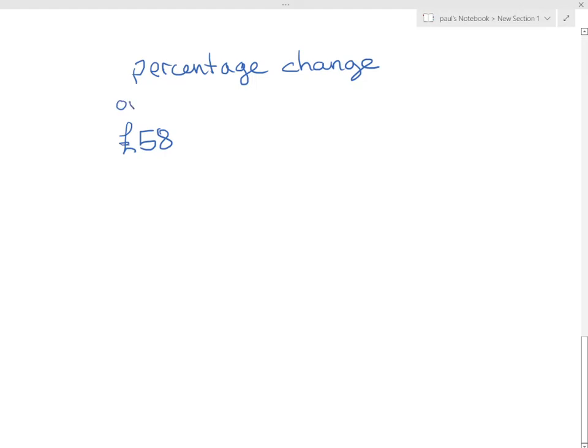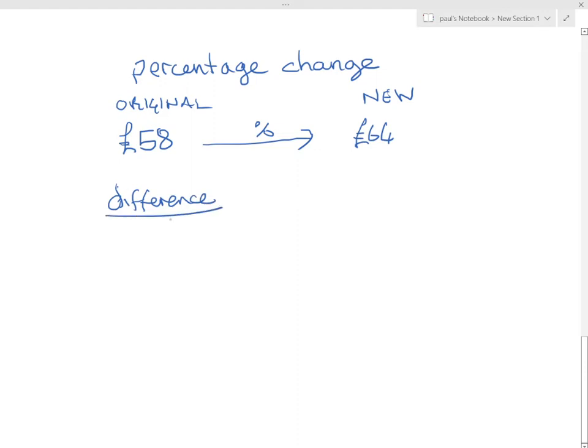So this is the original, and you'll have a new price of £64. So our task there is to work out what percentage we had to increase 58 by in order to get 64. So we need this difference over the original.